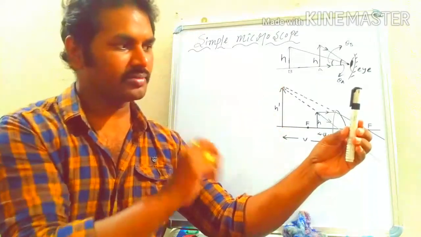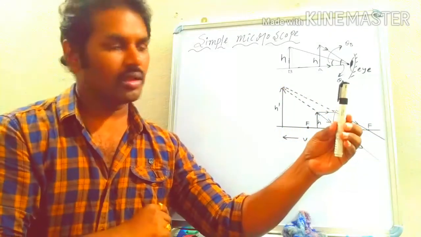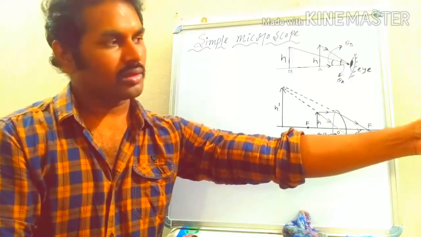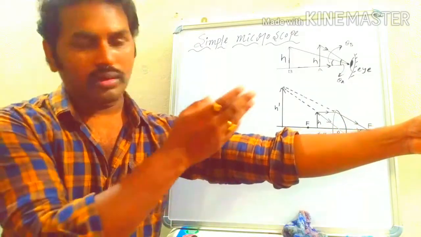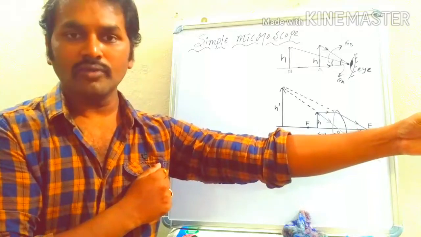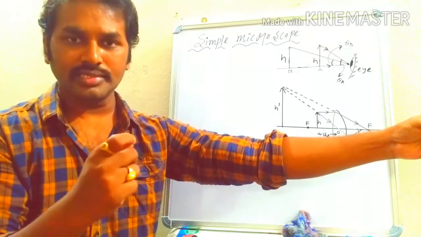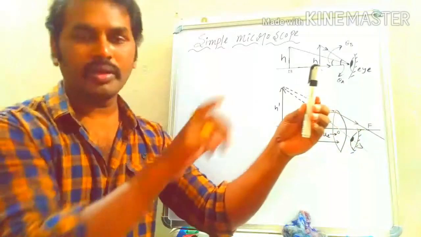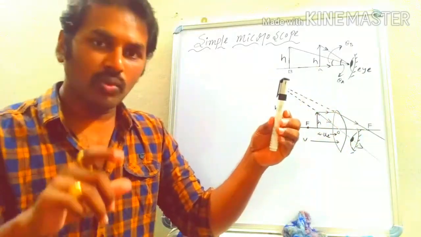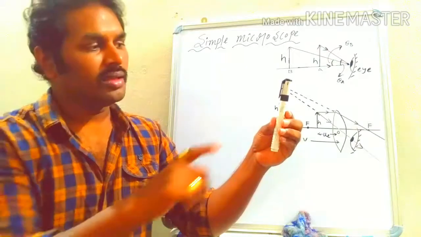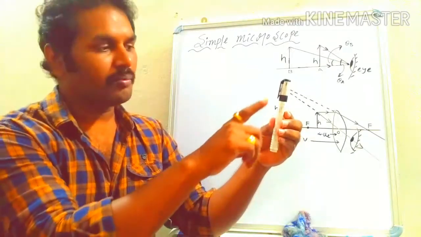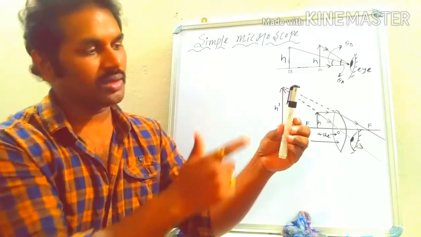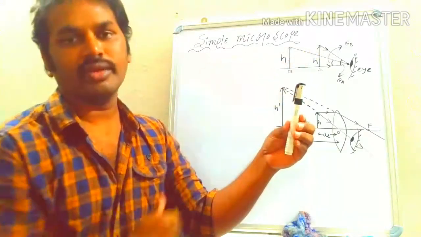If I take this object away from me, now I am feeling the size of the object is a bit smaller, but really the height of the pen does not change. What changes here is the angle subtended by this object on the eye, which gradually decreases when the object is taken away.